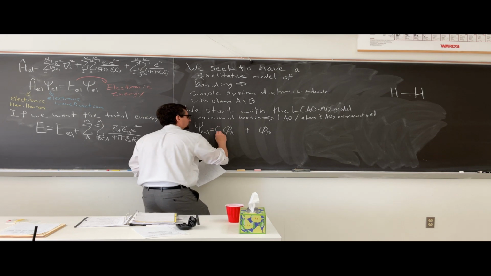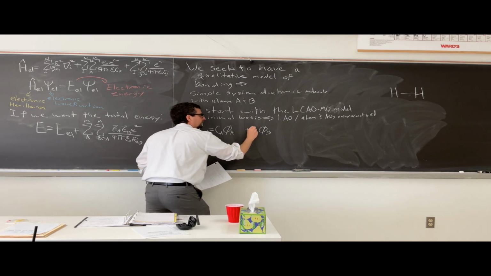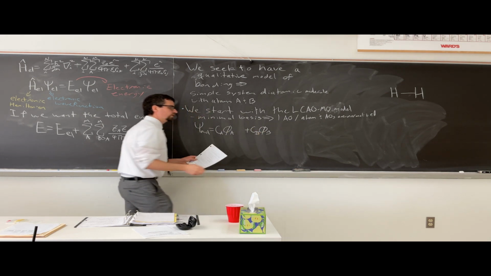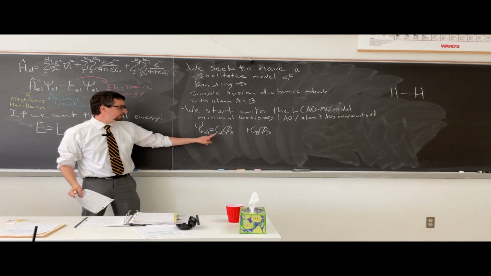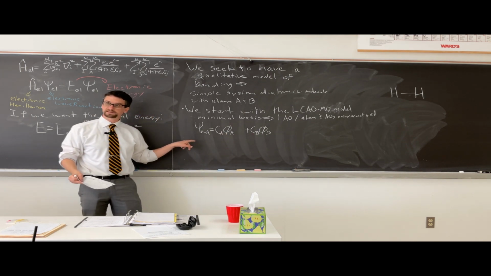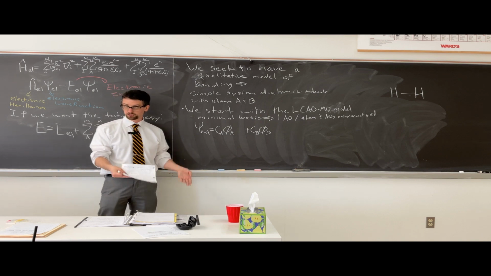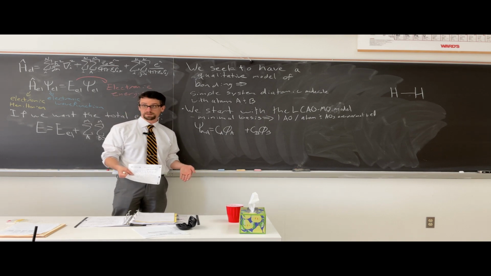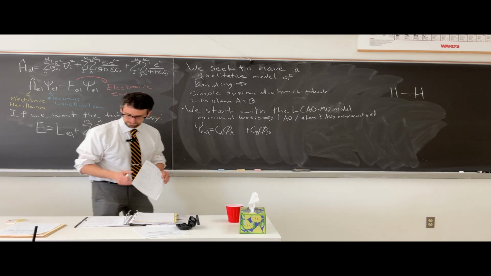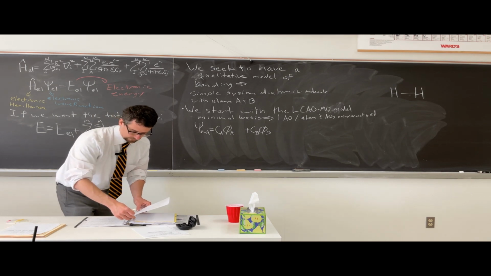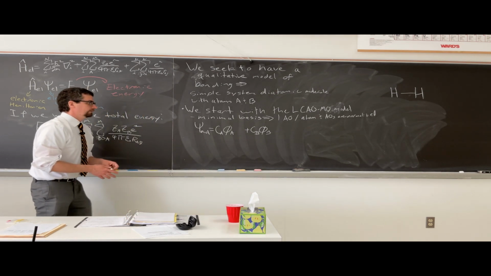And then we have the contribution of A and the contribution of B. And these C's are just constants. They tell you the percentage that they contribute. Does that make sense? Okay.